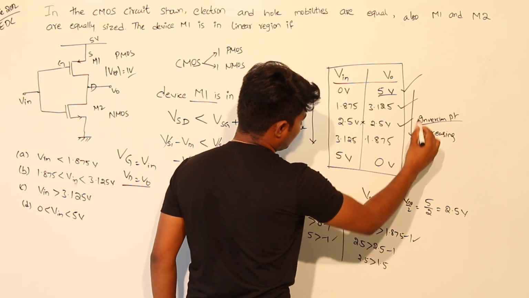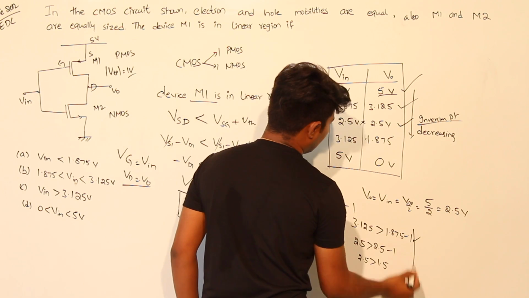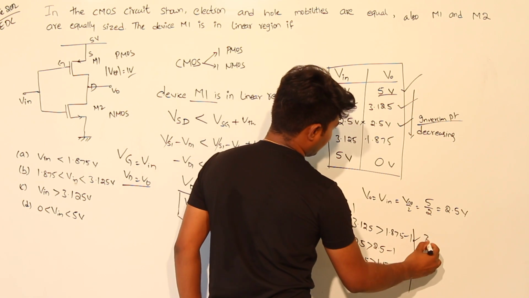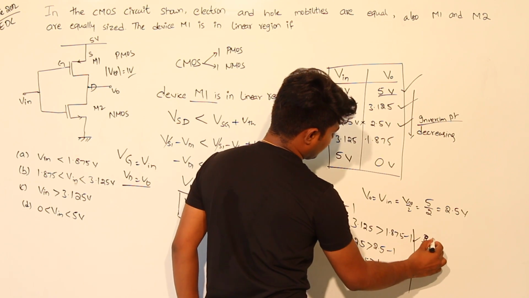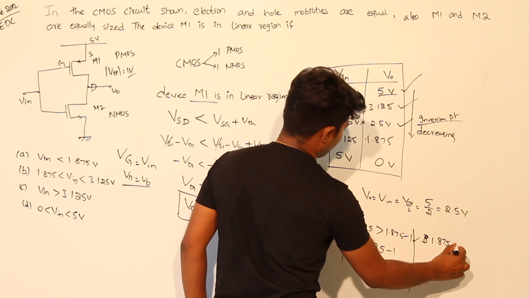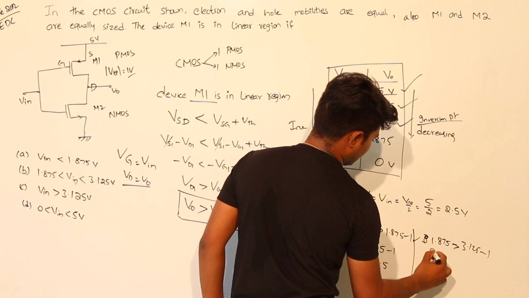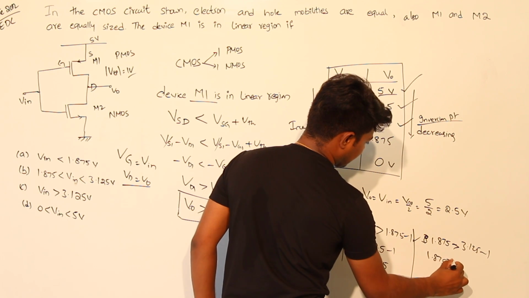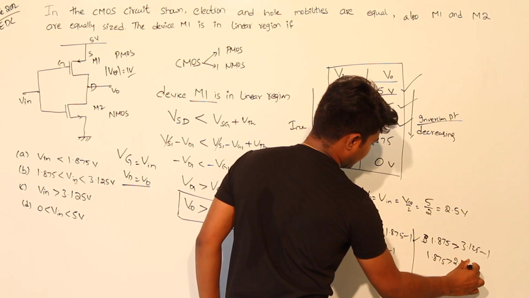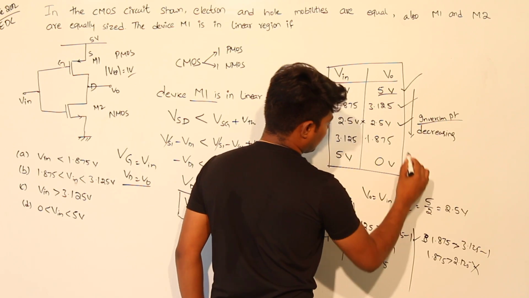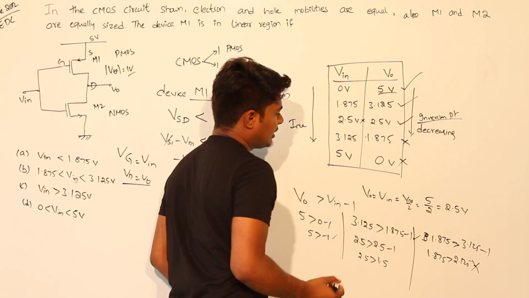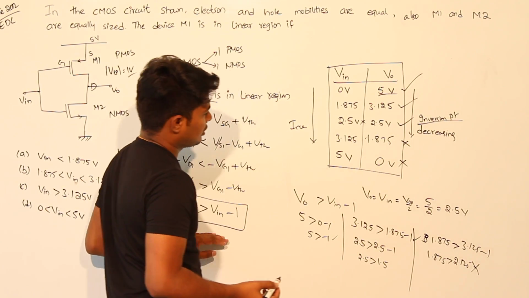This is also true. Now take the other value: V out is 1.875 greater than 3.125 minus 1, that is 1.875 greater than 2.125. This is false. So these values cannot satisfy this equation.